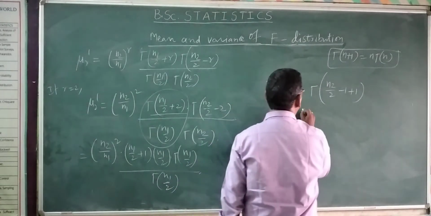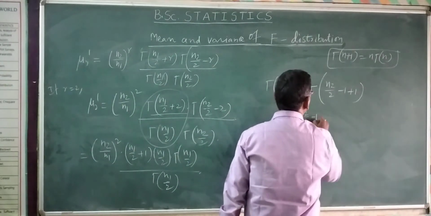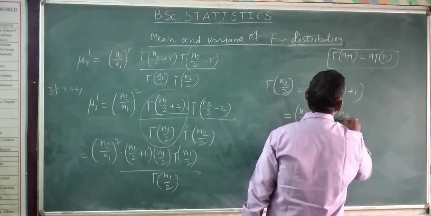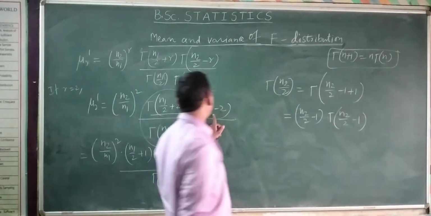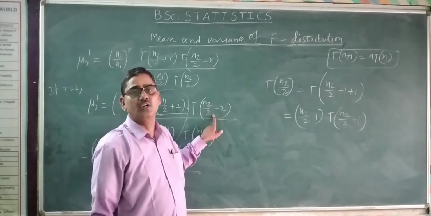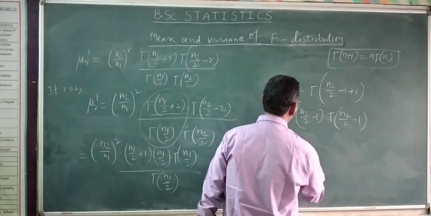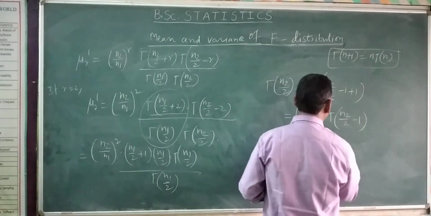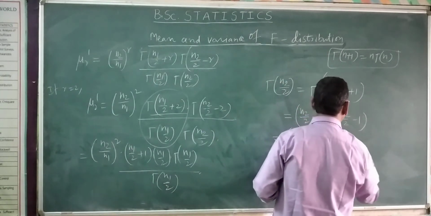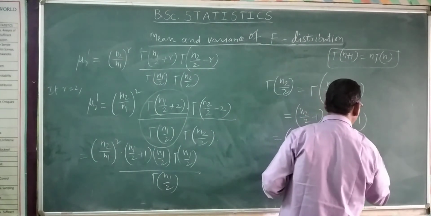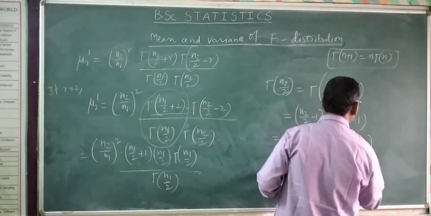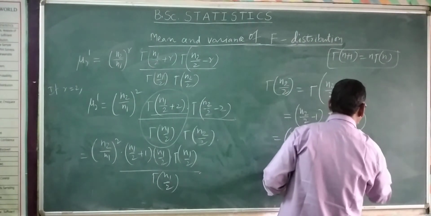Then what will you have? n2 by 2 minus 1 into gamma of n2 by 2 minus 1. Still it is not reduced to n2 by 2 minus 2. So again you apply n2 by 2 minus 1 into gamma of again n2 by 2 minus 1 plus 1, minus 1 plus 1.